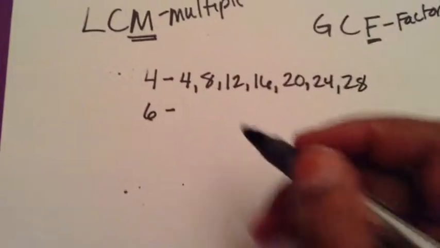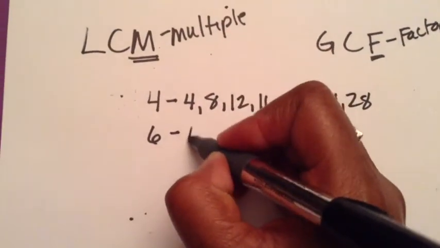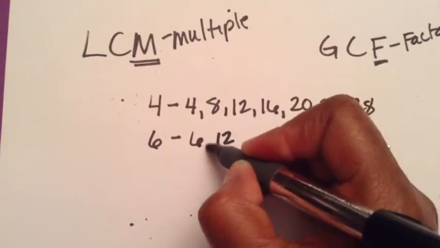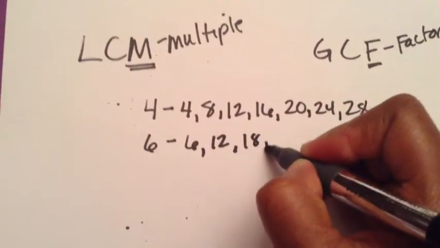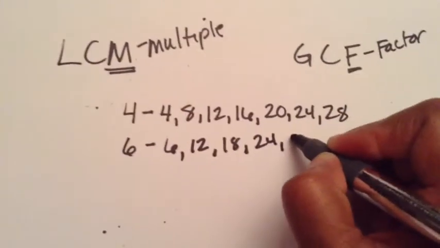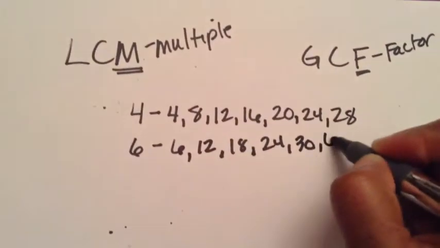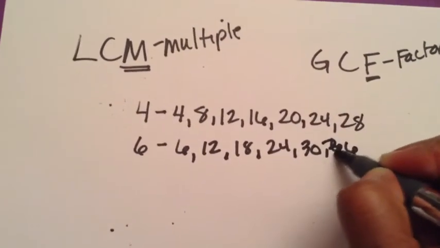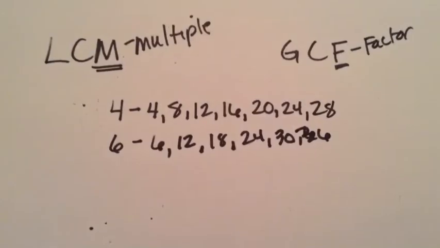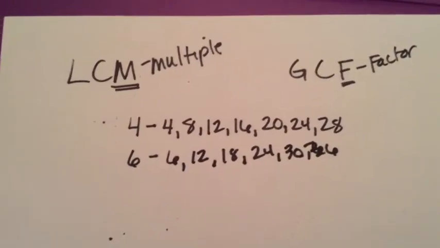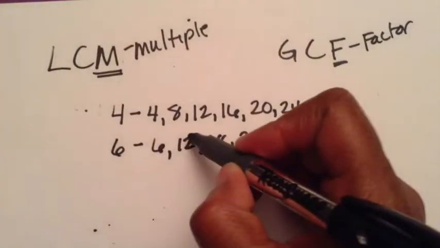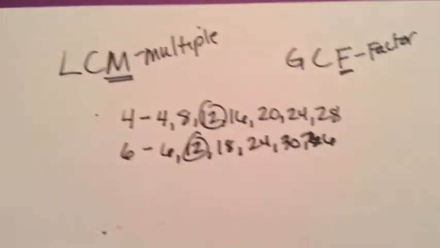The multiples of 6 would be 6 times 1, 6 times 2, 6 times 3, 6 times 4, 6 times 5, and 6 times 6, which is 36. All right, so if I was looking for the least common multiple, I could see that they both make 12, and that would be my least common multiple.